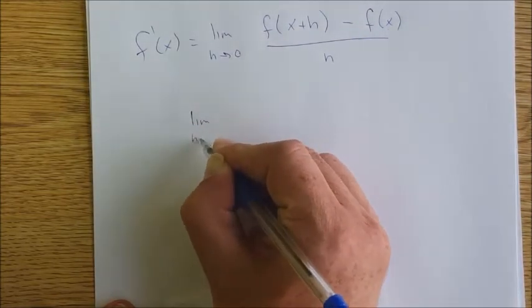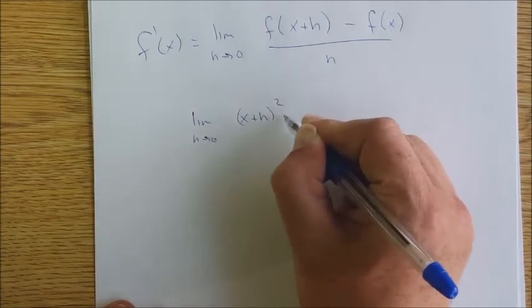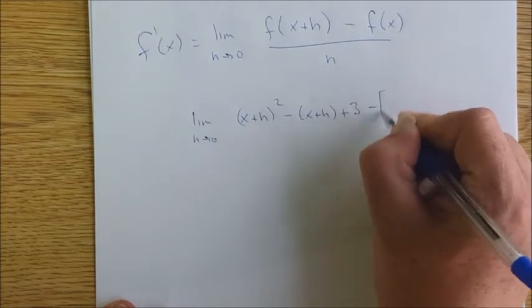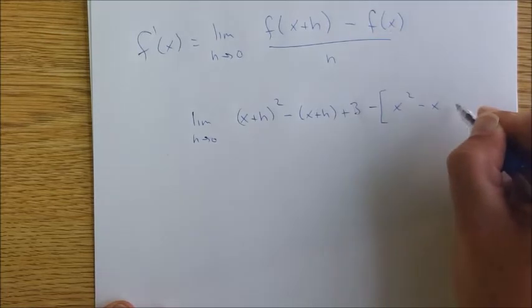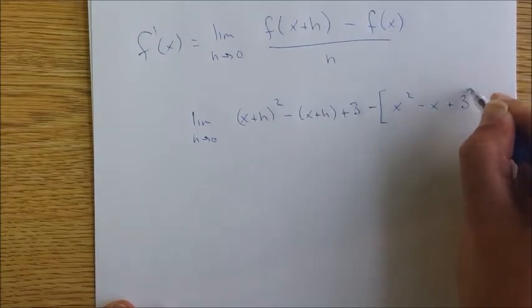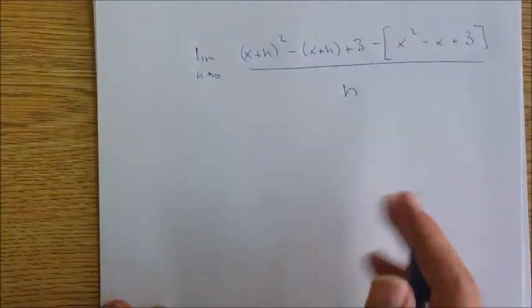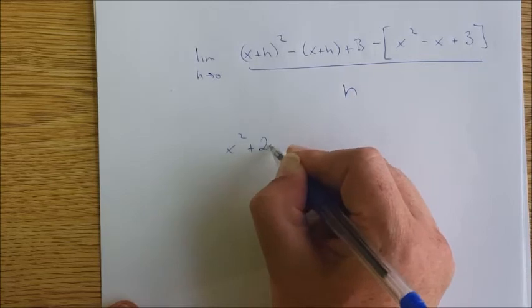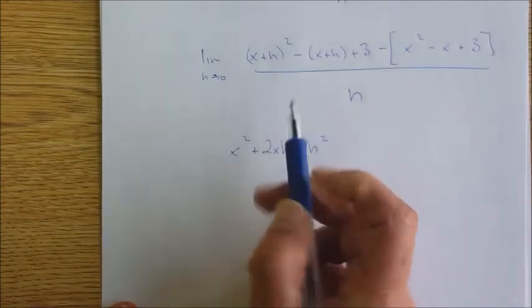Now, our function was x squared minus x plus 3, so we're going to do that again. So the limit as the h gets close to 0 of x plus h squared minus x plus h plus 3, minus these whole things, x squared minus x plus 3, all divided by what? Thank you, h. So here's where it gets fun. x squared plus 2xh plus h squared.